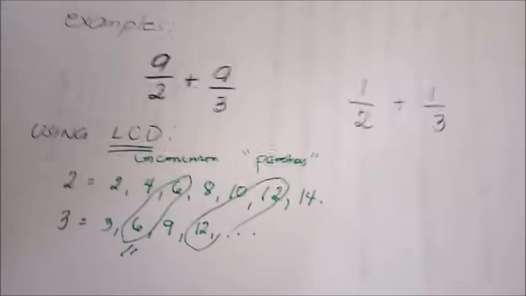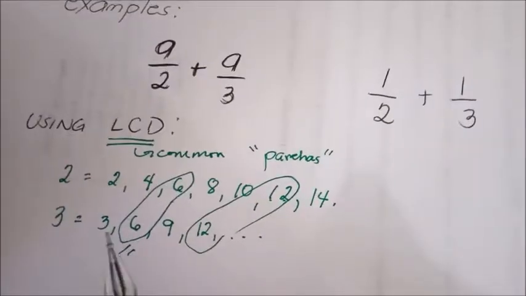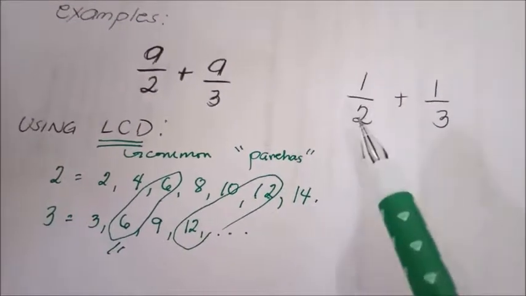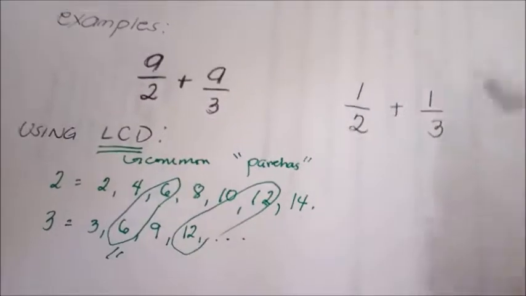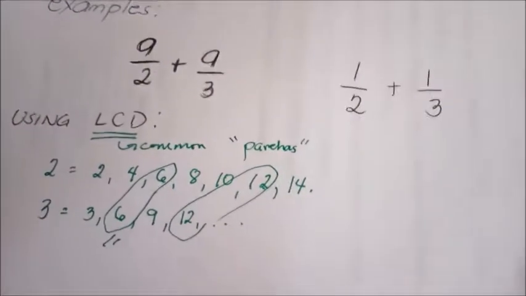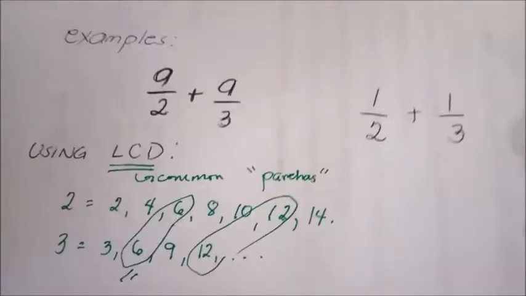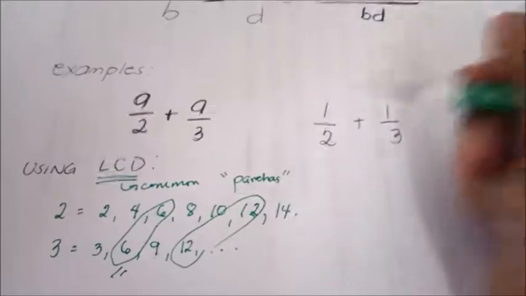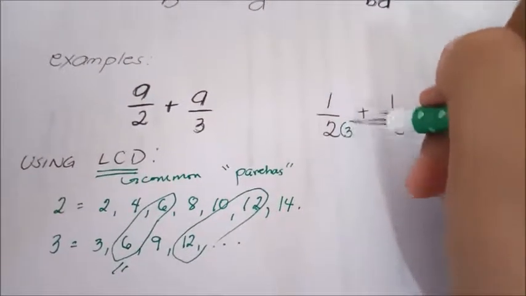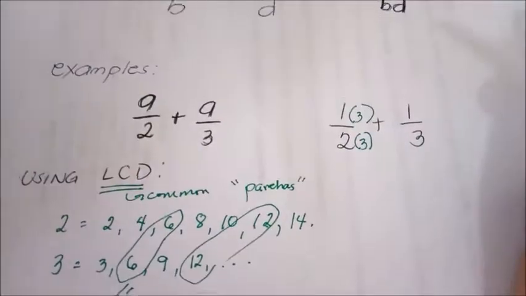Okay? So, kapag ginamitan natin ng LCD, di ba ang ginagawa natin? Kailangan makapagparehas tayo ng dalawang denominator. So, ang 2, para maging LCM na 6, kailangan sa natin siya ita-times. Diba sa 3? So, if you multiply 2 by 3, kailangan pati yung nasa taas, ita-times mo rin sa 3. Okay?